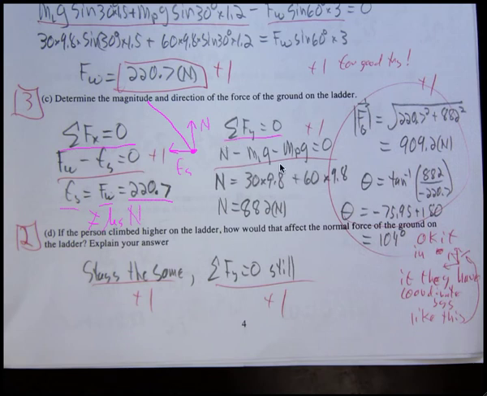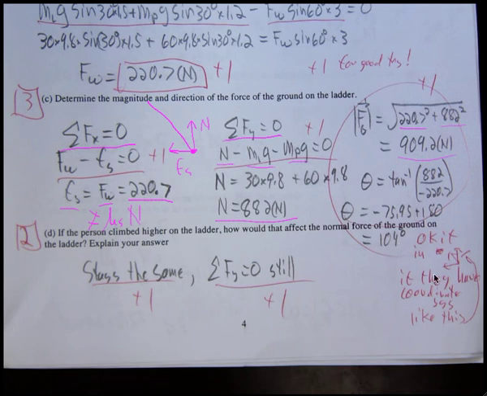And then I sum the forces in the y equal to 0, and so the normal force was up, two weights are down, and it's just equal to 882 newtons. And then to get the magnitude, I square both those, add them, take the square root, and then inverse tangent of the y over the x, and I get negative 75.95, and so that's 104 degrees.